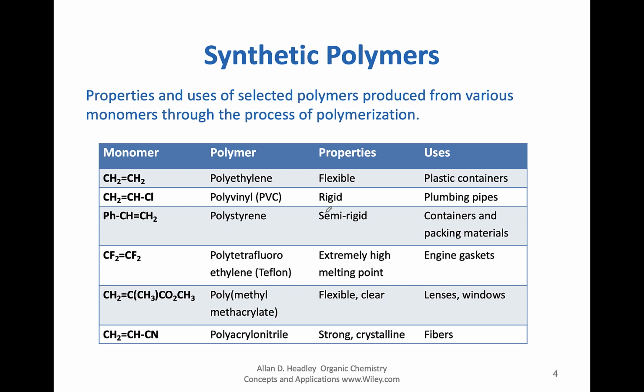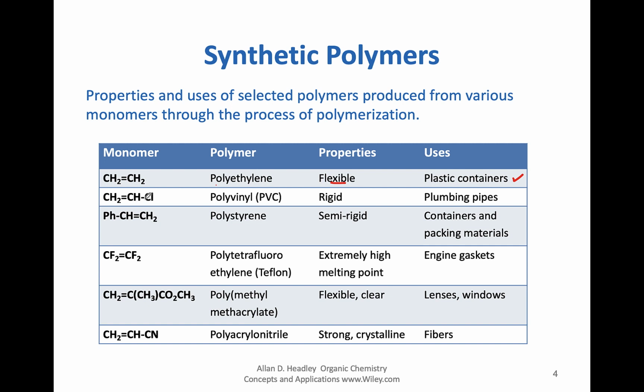Let us look here at the properties and some of the polymers that we are familiar with. Here's one polymer, polyethylene, that's used to make plastic bottles. As we know, it's very flexible; we can squeeze the plastic bottles, etc. The monomer that's used to make that is CH2=CH2, ethylene.